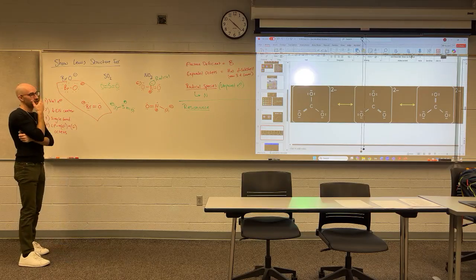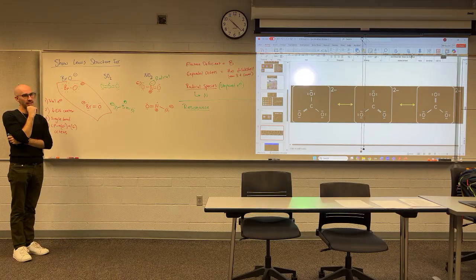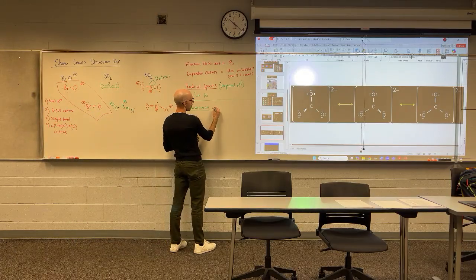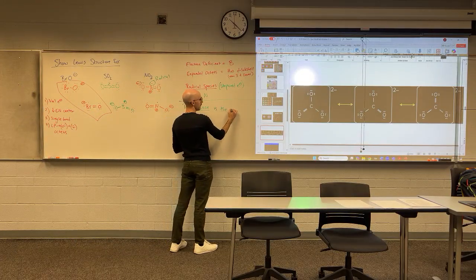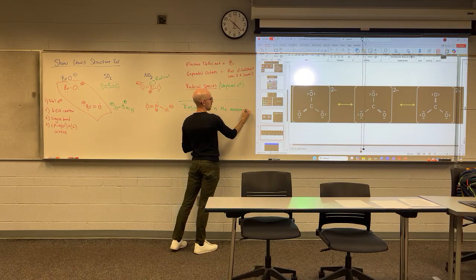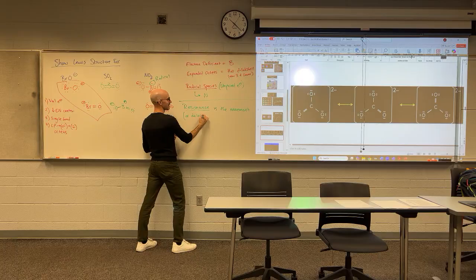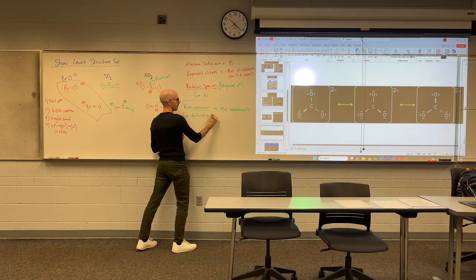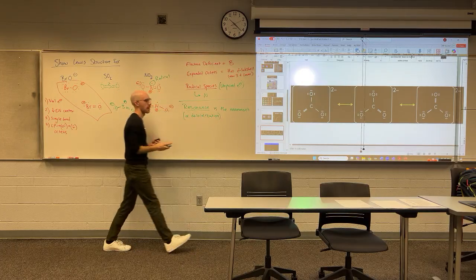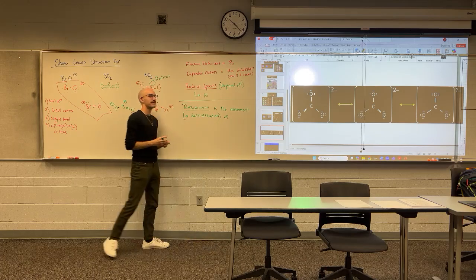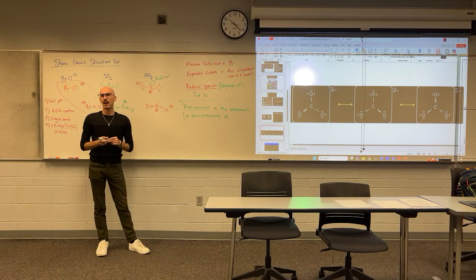In chemistry, the best definition here is to say resonance is the movement or delocalization, in other words, of electrons, but that's not totally true. It's a specific type of electrons.